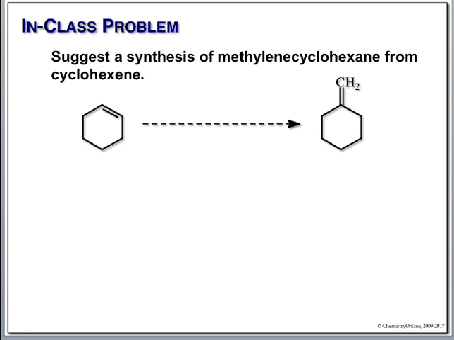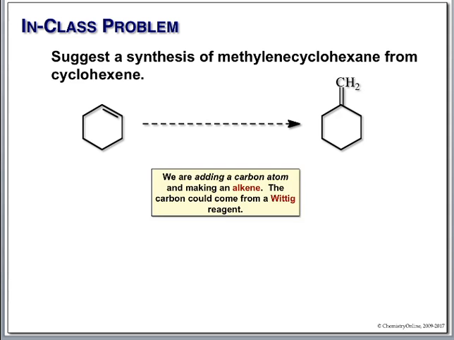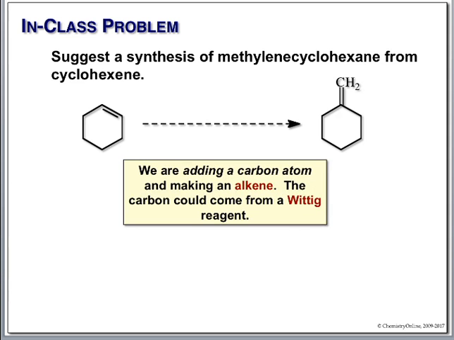But, considering we just did the Wittig reaction, we know that if this had been a carbonyl, we could stick a CH2 there using a Wittig reagent. So in our head we're saying, I can make this alkene using a Wittig reaction if I had the corresponding carbonyl.